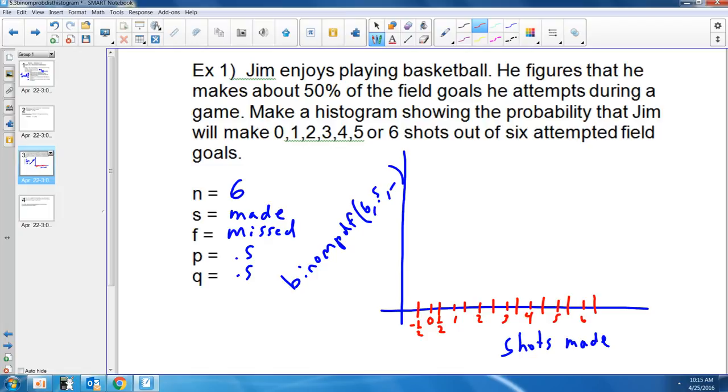What I would do when you do this histogram is just do it all at once, and you're going to see that when you go to 6 and you look up 50%, you're going to see that 0 out of 6 is going to give you a probability which is 0.016, and that means that this is the top of that bar, and if you go down, because it's symmetrical, you're going to expect 6 out of 6 to be the same probability. Again, 50%, this is going to be as likely as this.